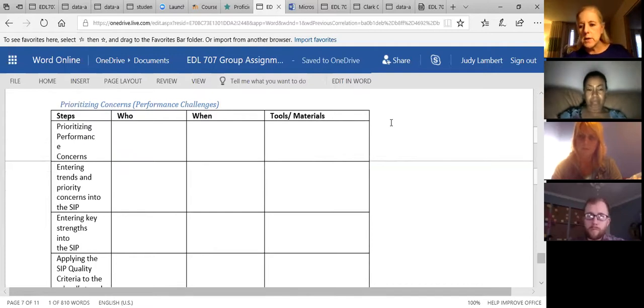So what I might want to do is, based on what you know about those assessments, and if you don't know anything, that's okay too. But again, it's very similar to what you did in the previous chart. So when we're looking at prioritizing performance and concerns, hey, you decide, where are you going to get the biggest bang for your buck?